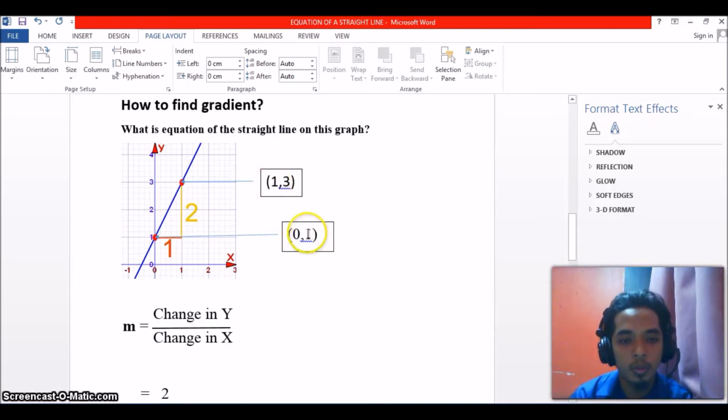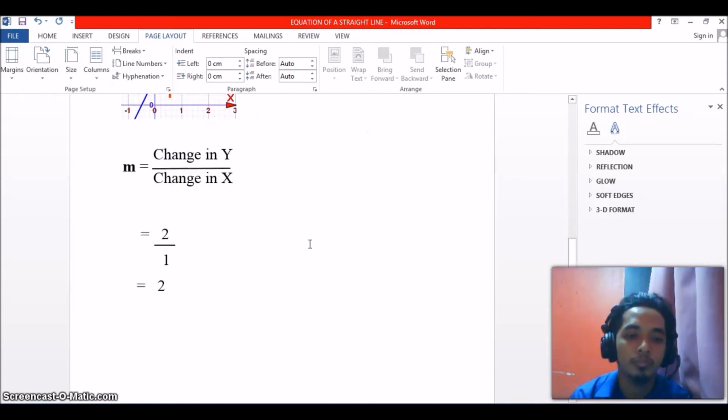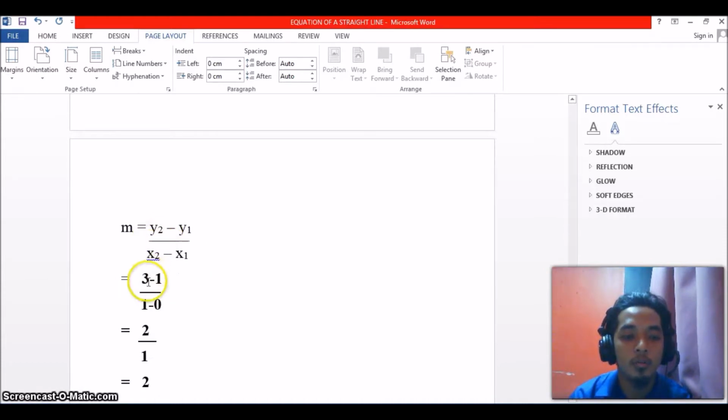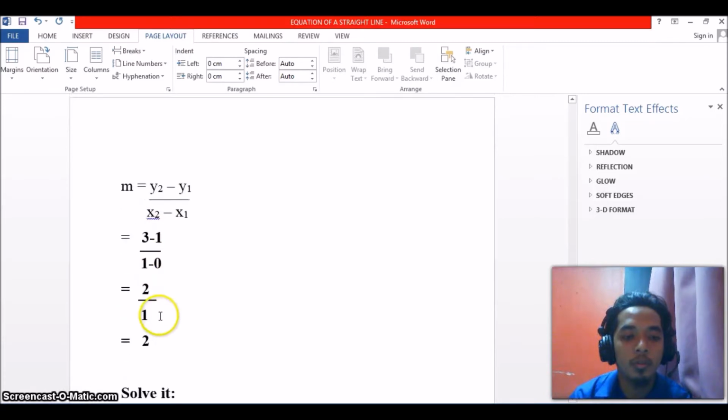So here we got 0 and 1. 0 is x1 and 1 is y1. You just substitute the values in this formula. 3 minus 1 over 1 minus 0, you got 2 over 1.